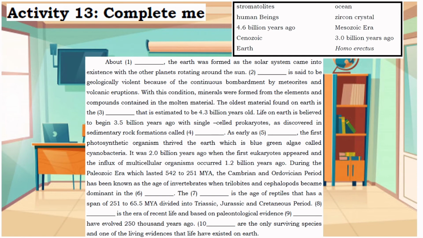The words are stromatolites, human beings, 4.6 billion years ago, Cenozoic, Earth, Ocean, Zircon crystal, Mesozoic era, 3.0 billion years ago, and Homo erectus. You can pause the video to answer.